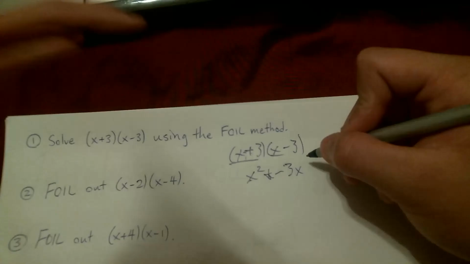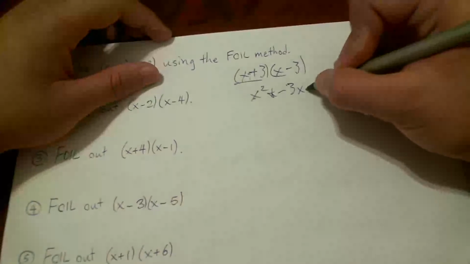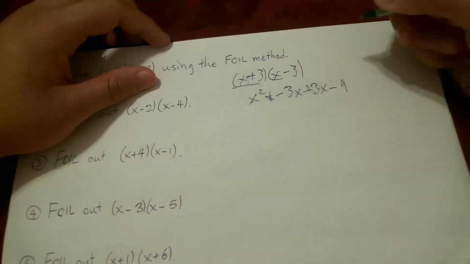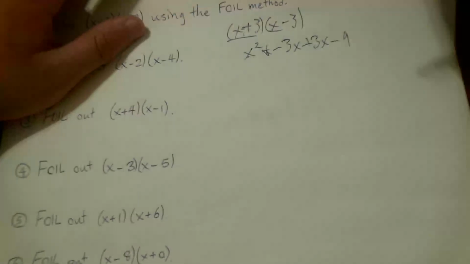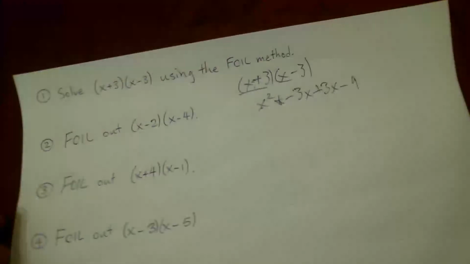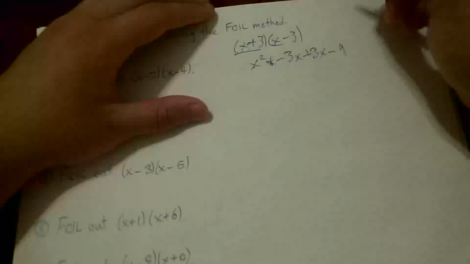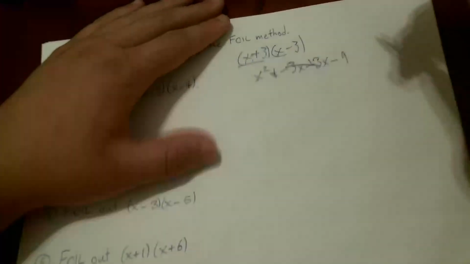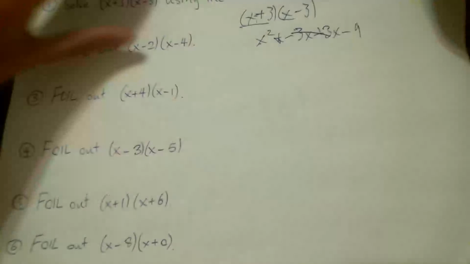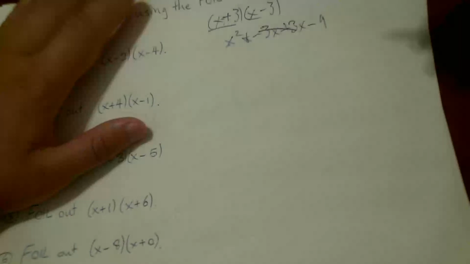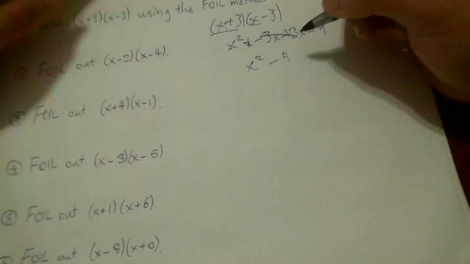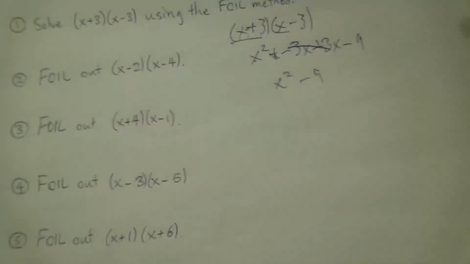So that one would be minus 9, and then we can simplify that by taking out the plus 3x and the minus 3x. So then that would result in our final result being x squared minus 9. And that would be our final answer.